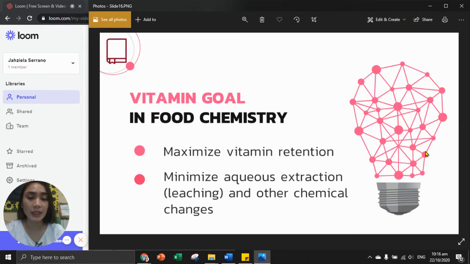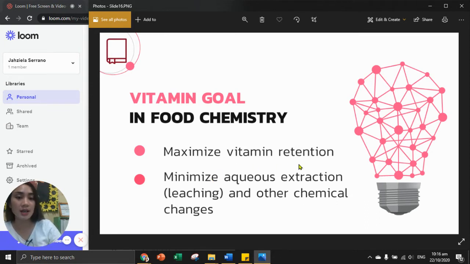So, and of course, ang kasama rin nito, always together, itong dalawa, if you want to maximize the vitamin retention, of course, another goal is to minimize the aqueous extraction or yung leaching and other chemical changes.